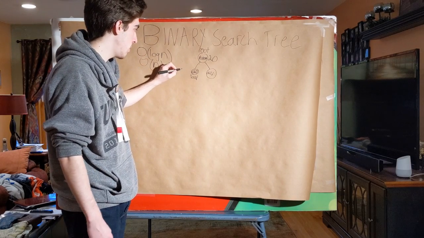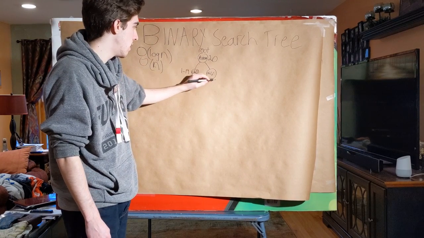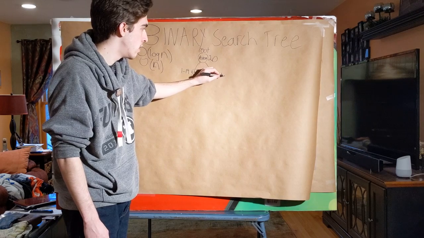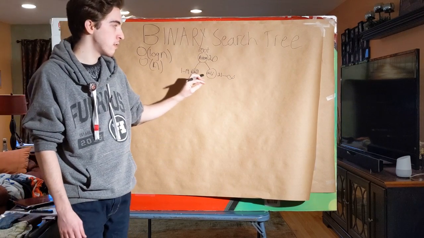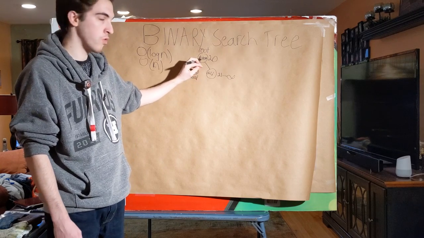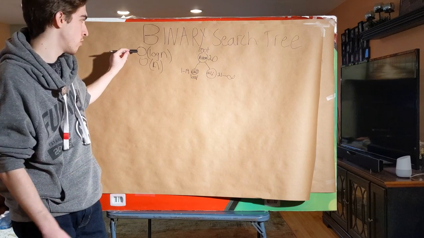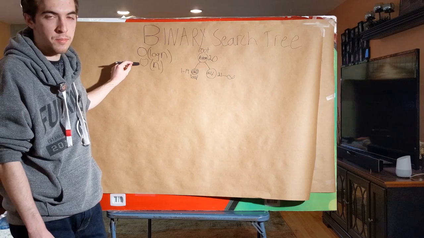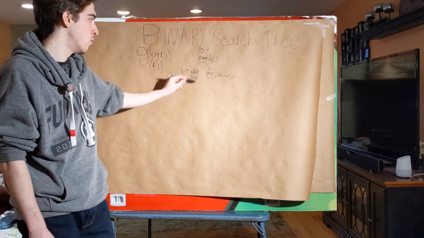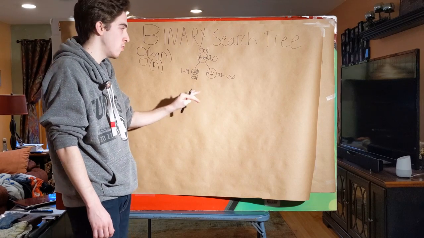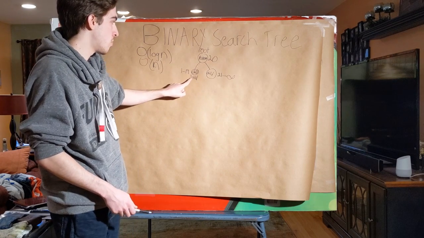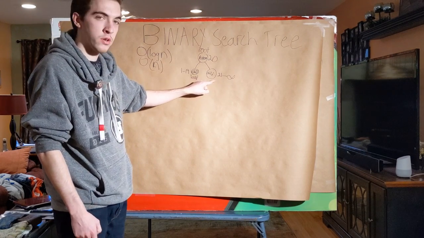This can be 1 through 19, and this will be 21 to infinity. We wouldn't want all nodes on one side for the root node of 20 in a binary search tree, because that would push you to a big O of n, which would be an unbalanced tree. But if you have only a few nodes entered, it's fine. So the smaller one goes left, the bigger one goes right.